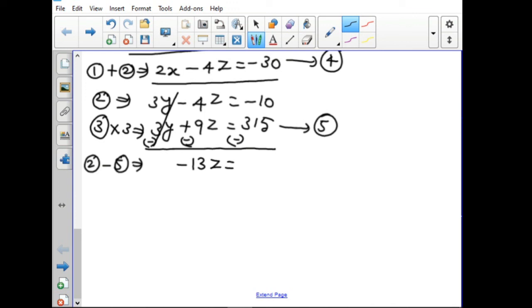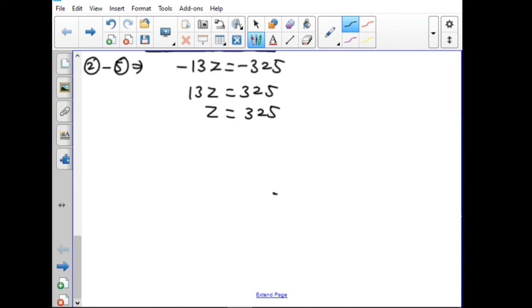Minus 10 minus 315 is minus 325, and both sides are negative. So 13z equal to 325, z equal to 325 by 13. So we have to divide, and z equal to 25. Now we have got one value, z equal to 25.